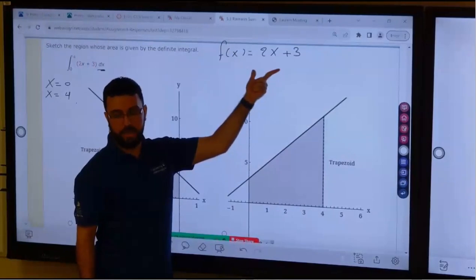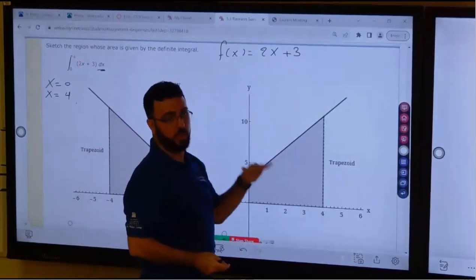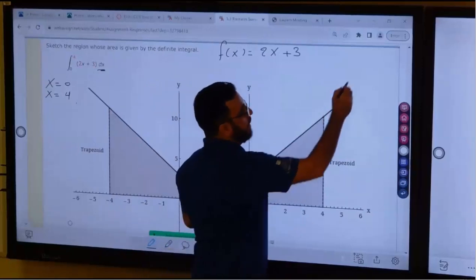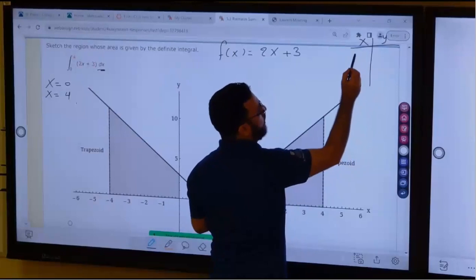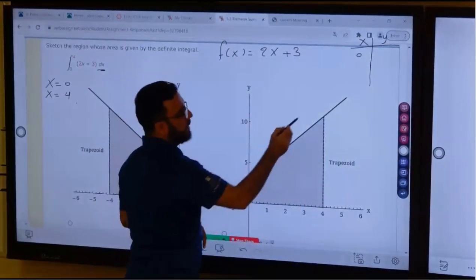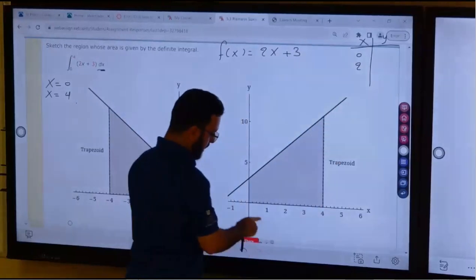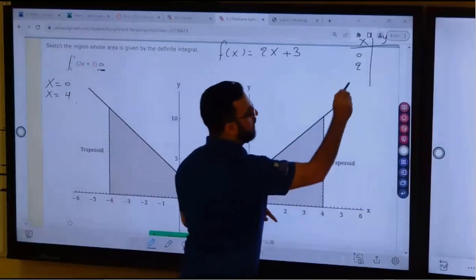How are we going to graph the line to make sure this is the right one? X and y. Choose 3 points. 0, because we started from 0. And let's choose x equals 2, and x equals 4.